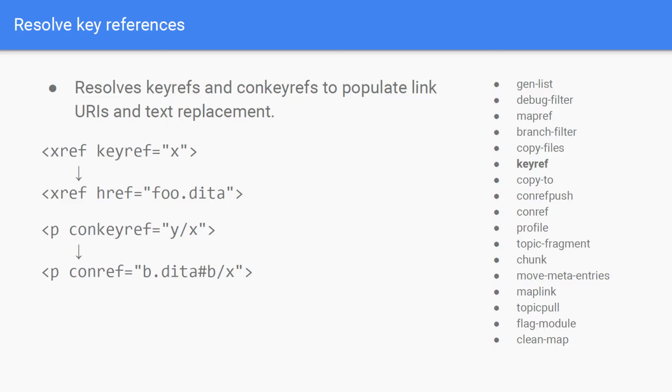Resolving keys. We built the key spaces, we resolve the keys in those key spaces, meaning the keyref and conkeyref attributes. And if we have to, we generate new resources, because if you need to resolve keys in two different spaces for the same topic, we need to create a copy of that, and then we'll just create a new ID or URL for it.